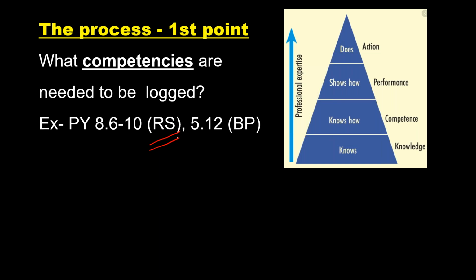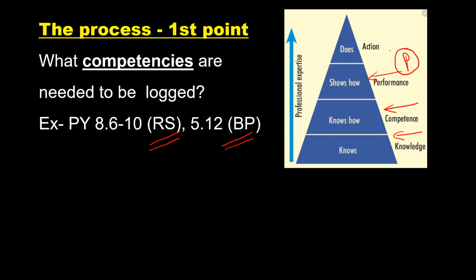We have this 5.12 competency regarding pulse and blood pressure. So there are many knowledge competencies, many know-how competencies, and show-how competencies, and the topmost part of show-how is labeled as performance or P competency.